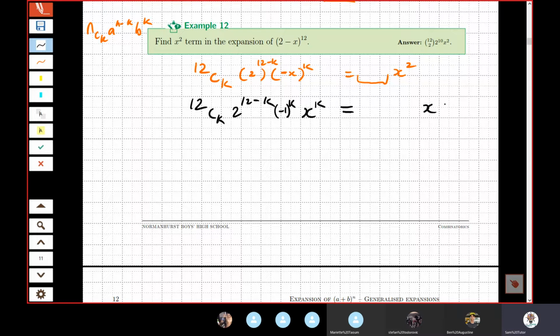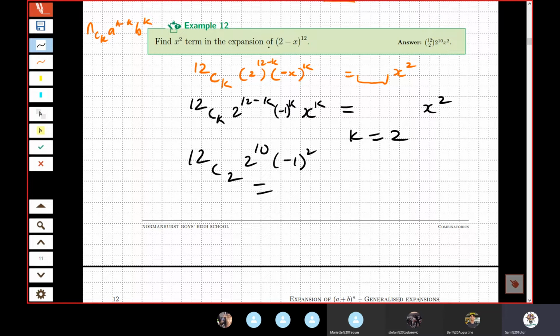And now, obviously, what does k equal to? 2. Now that k equals to 2, your answer is 12 choose 2, 2 to the power of 10, and then negative 1 to the power of 2. Pretty much everything else that has all the numbers that has no x's.